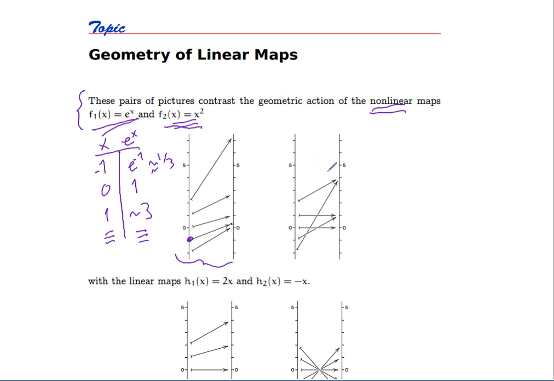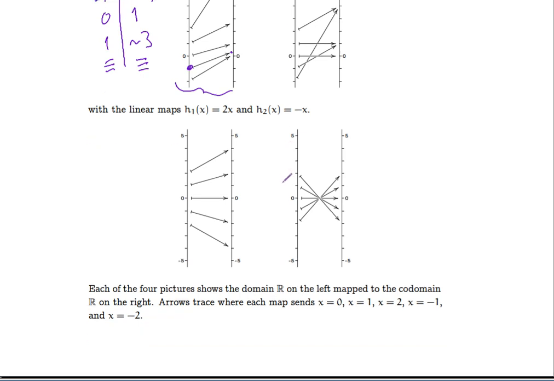Now let's contrast this to two linear maps on the real numbers, h1 of x equals 2x and h2 of x equals minus x. Well, h1 of x, look at this pretty picture, how it just sort of stretches the real line. And when everything is multiplied by 2, 0 goes to 0, 1 goes to 2, 2 goes to 4. You're just stretching everything out and making the gaps larger.